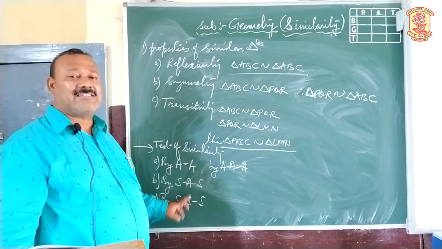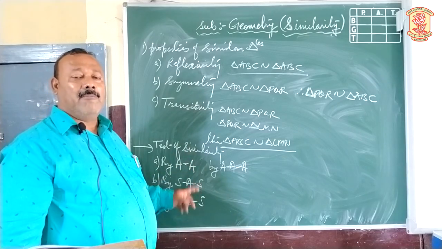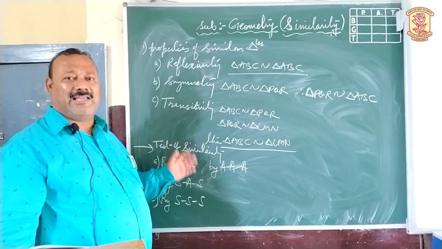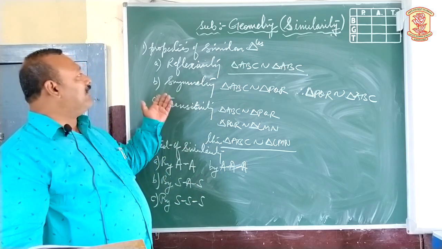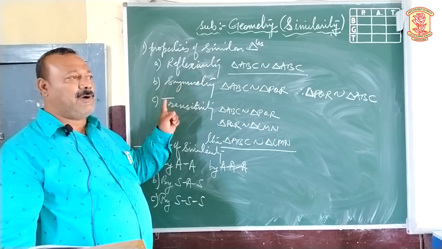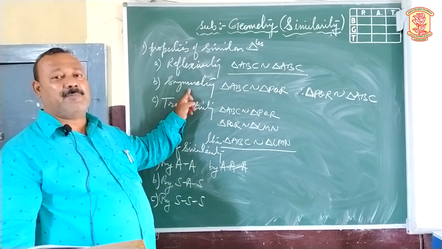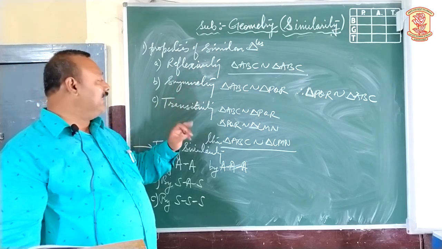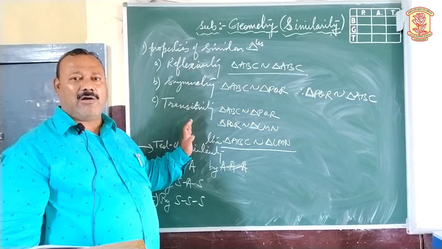Therefore, three various tests are there by which two triangles can be shown similar: the AA test, the SAS test, or the SSS test. Before that, we have also seen the properties of similar triangles. First property is reflexivity, second is symmetry, and the third is transitivity. Got it now?